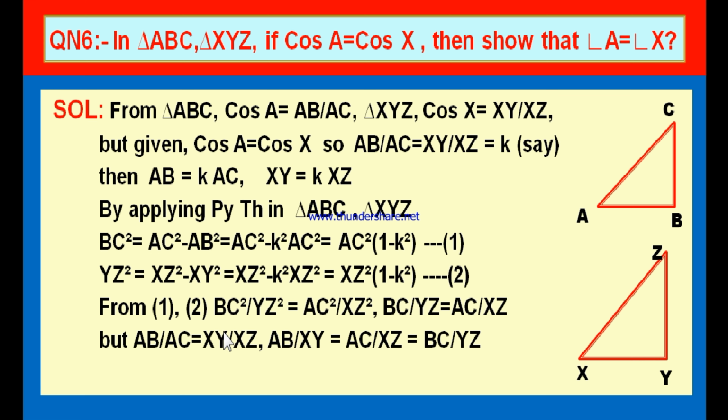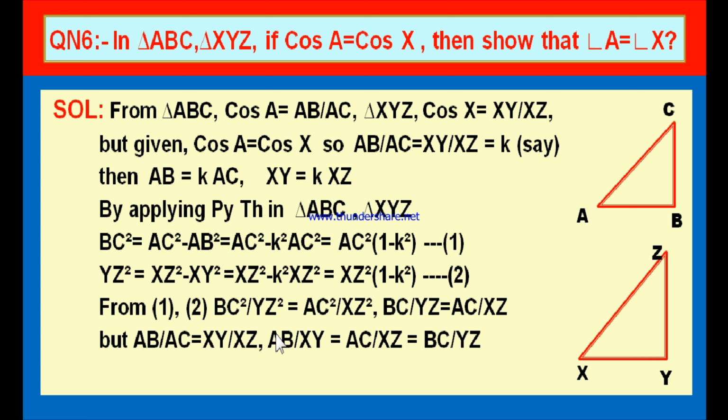Now let us take this AC which is in the denominator to the other side, so it goes to the numerator. And XY is in the numerator, so it comes to the denominator. That is, AB by XY is equal to AC by XZ. But we just got that AC by XZ is equal to BC by YZ, isn't it?